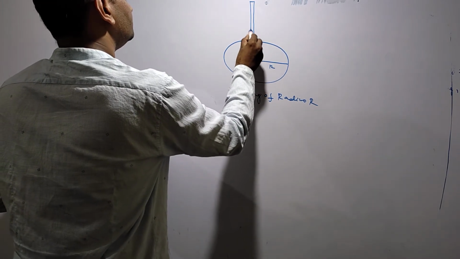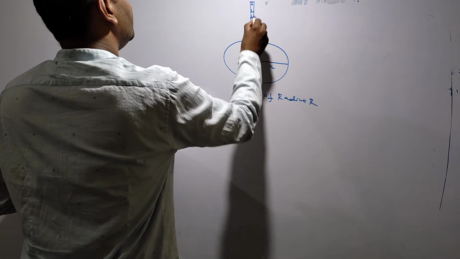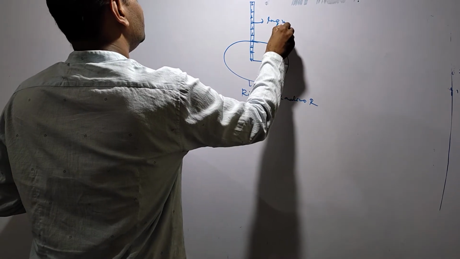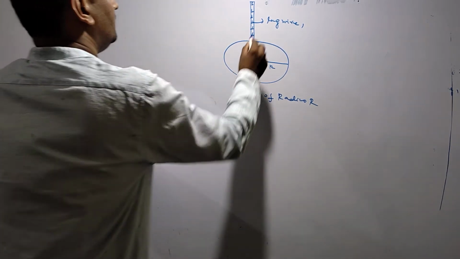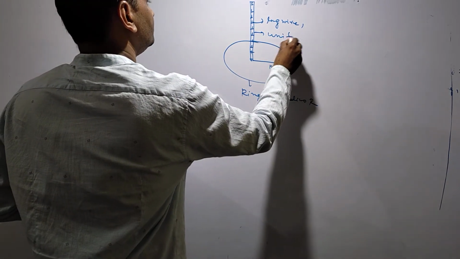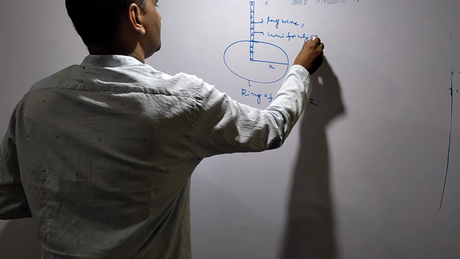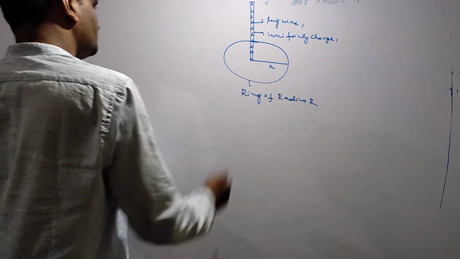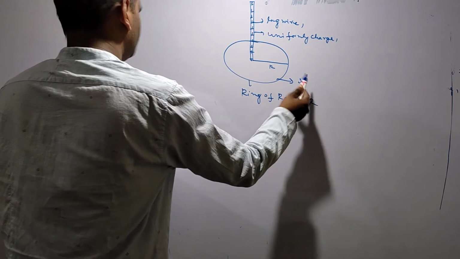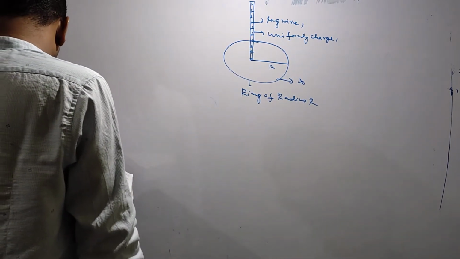Positive charge, it's kept like this. This is a long wire, and uniformly charged, and this is lambda, you can say lambda per unit length.